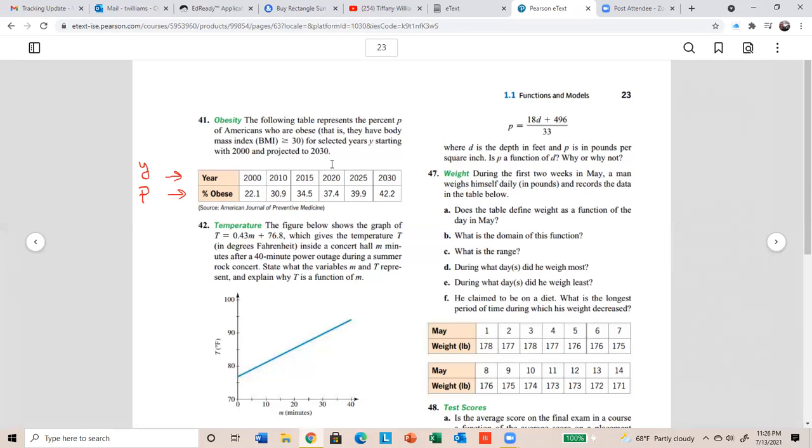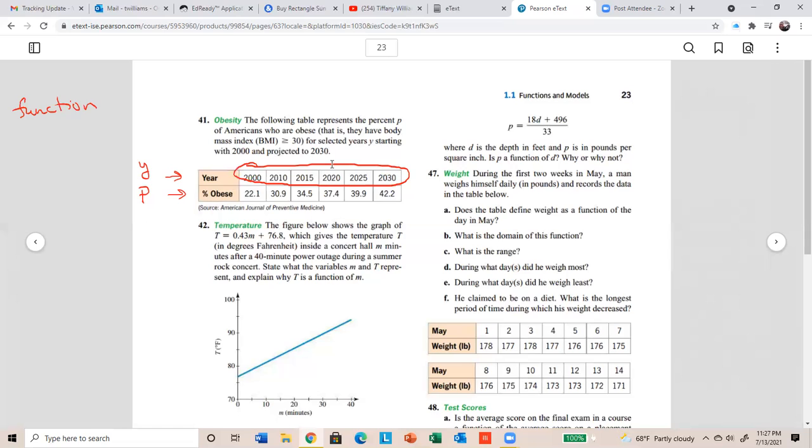If I look at what's considered my input values, these are my input values, correct? Do we have any of those years that are identical? No. So we've all got different years. So what that means to me is that yes, it is a function.